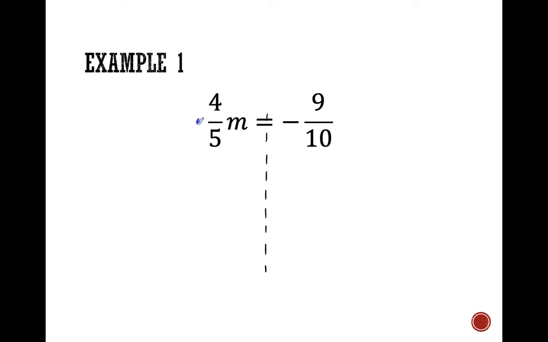So we're going to multiply on both sides by 5/4. The reason we do this is because on the left side the 5's cancel, the 4's cancel, and we are left just with the m, which is exactly what we want, so that we can find what the value of m represents.